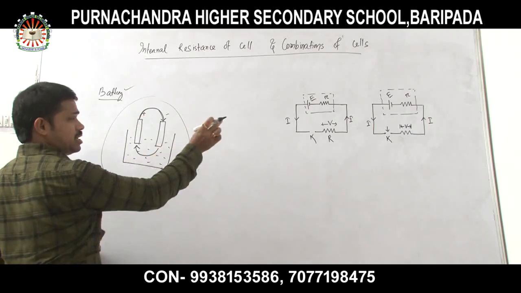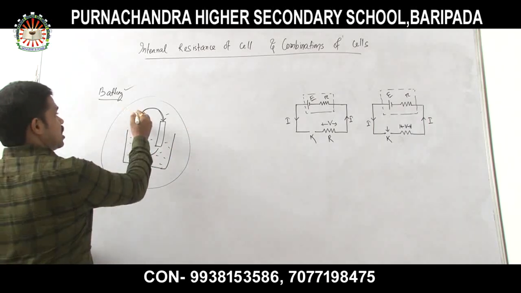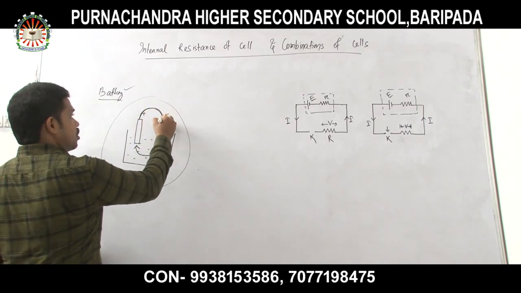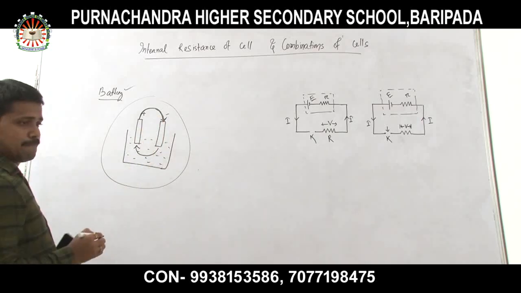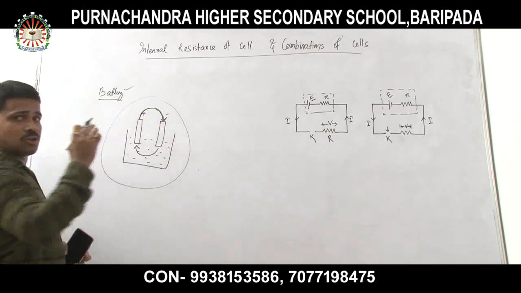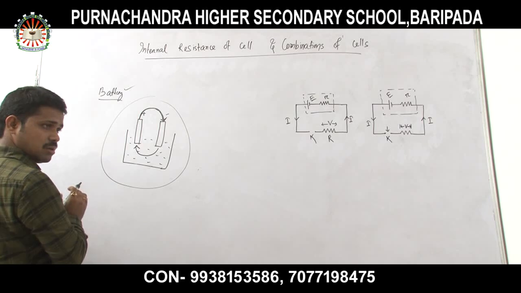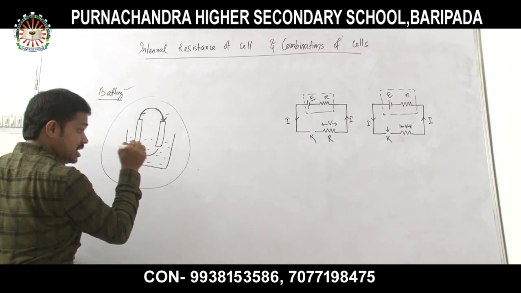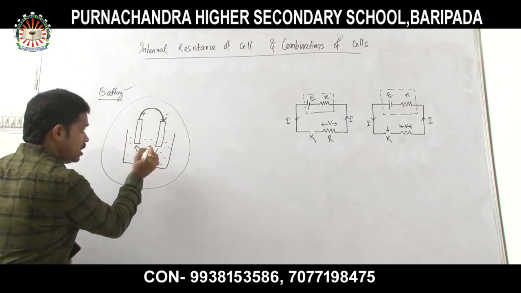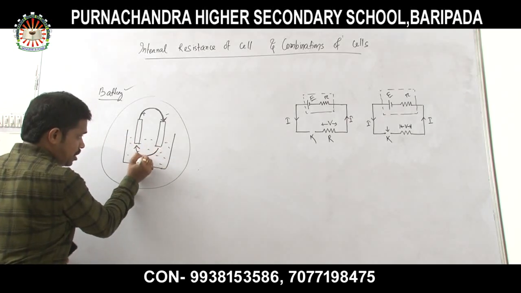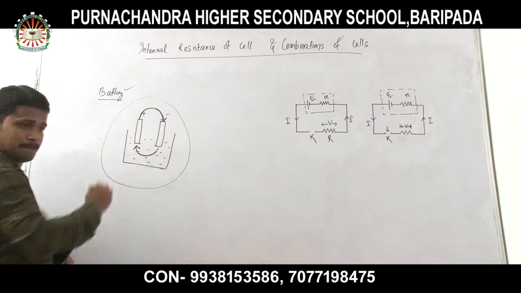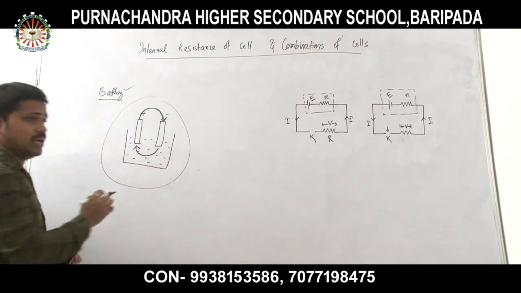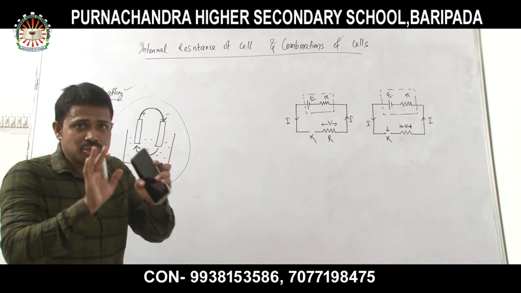So again I will repeat. When the cell is connected to an electrical circuit, current moves from the anode or positive terminal towards the cathode terminal. For continuation of this, there must be a flow of current inside the electrolyte from which terminal? Negative terminal to positive terminal. During this flow, every electrolyte has some opposition.